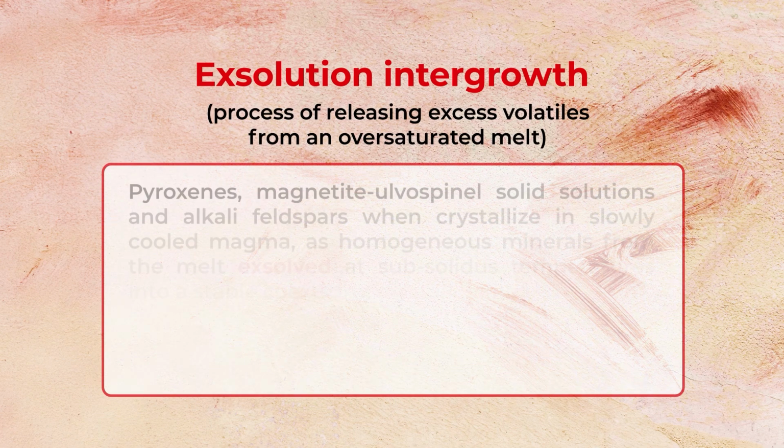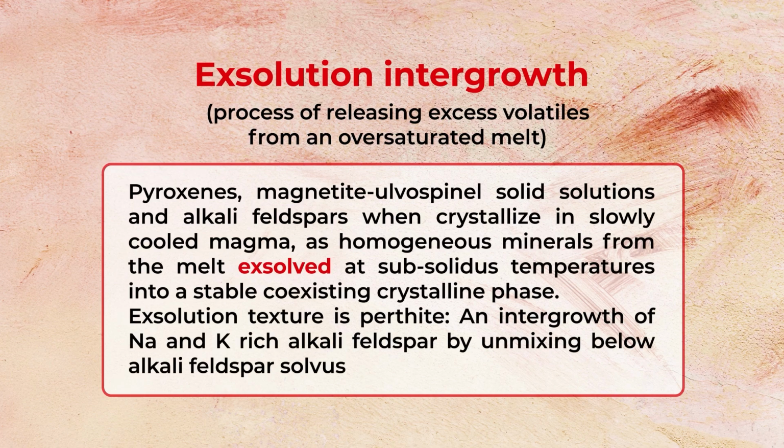For example, pyroxenes, magnetite-ulvospinel solid solutions, and alkali feldspar, when crystallized in slowly cooled magma as homogeneous minerals from the melt, exsolve at subsolidus temperature into a stable coexisting crystalline phase. The exsolution texture is perthite, an intergrowth of sodium- and potassium-rich alkali feldspar by unmixing below the alkali feldspar subsolvus temperature.